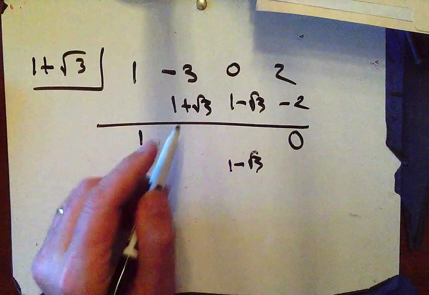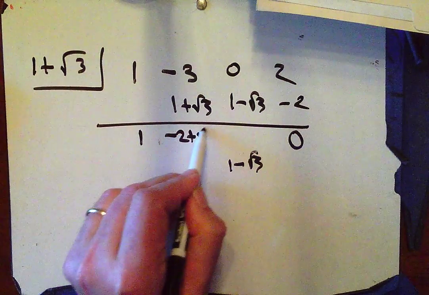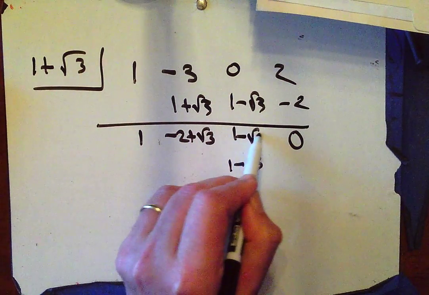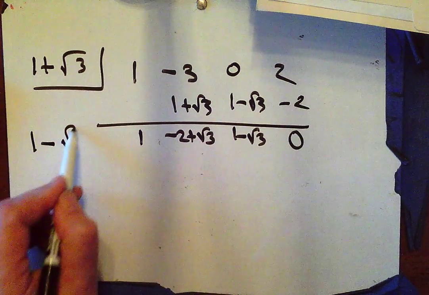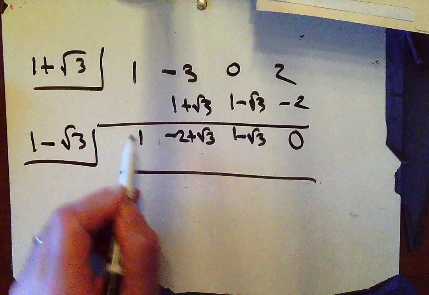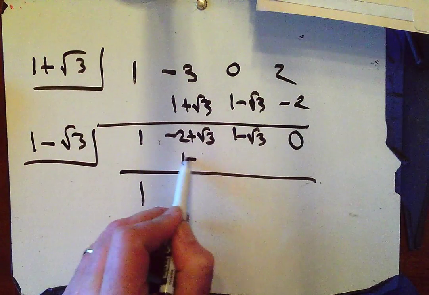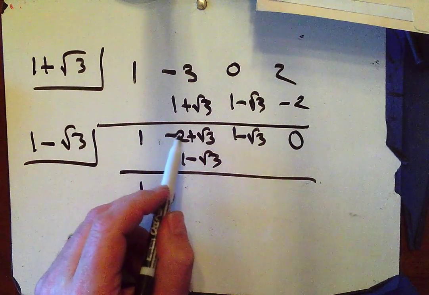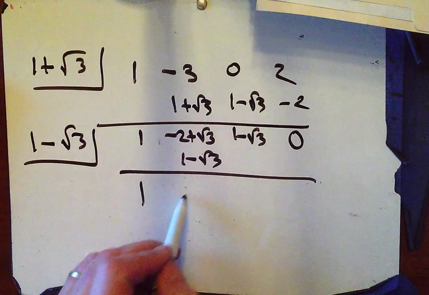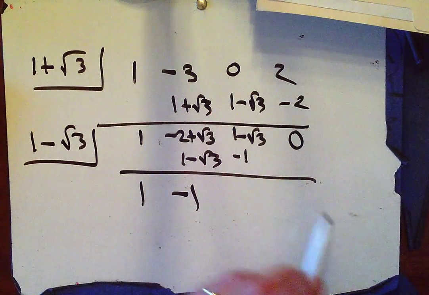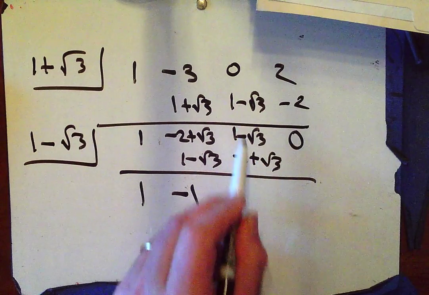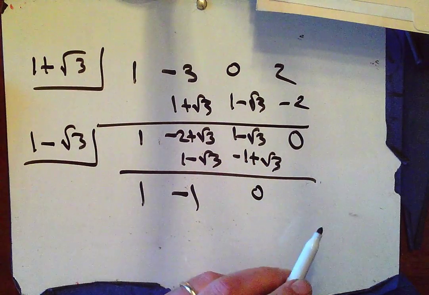Don't forget now, we need to use the conjugate. So 1 minus root 3. I bring down my 1, I distribute, I get those canceling, and I have negative 1, and I distribute, minus 1 plus root 3, I add, I get 0.